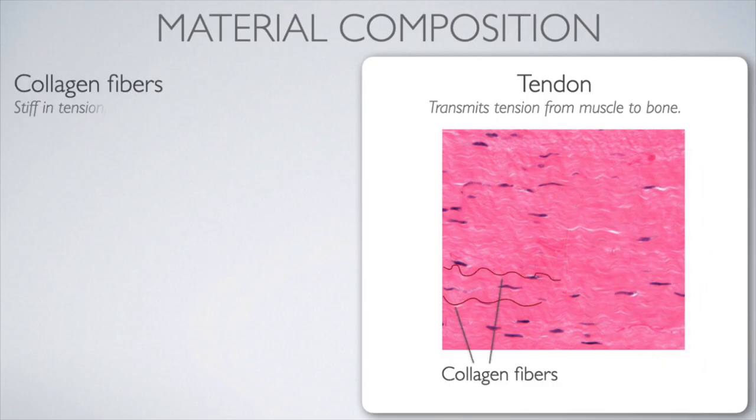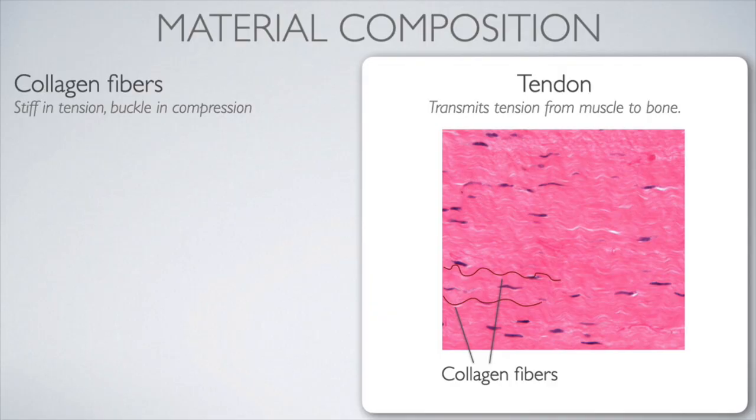So collagen is an elastic protein that plays a critical role in determining the mechanical properties of any particular material. And just like a rubber band, collagen fibers can get really stiff if you extend them to great lengths. But they're really floppy in compression.